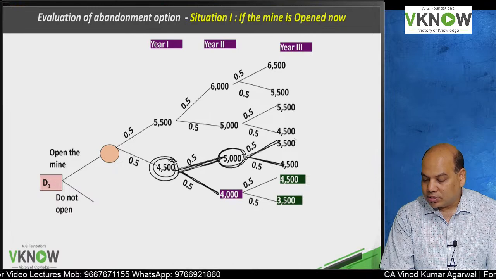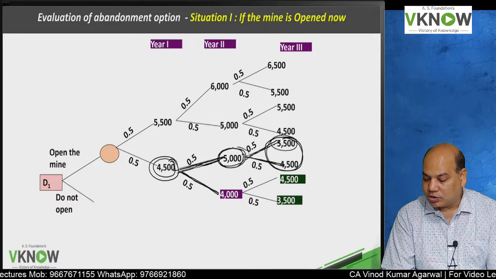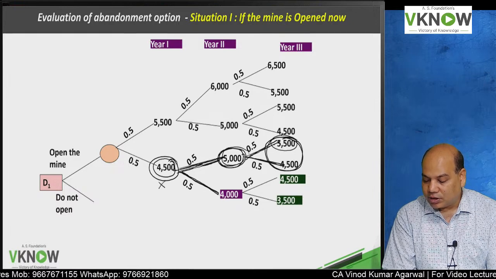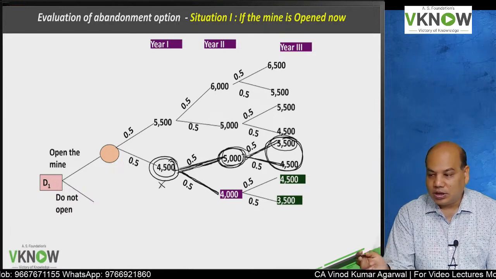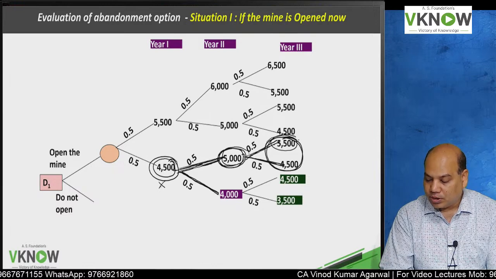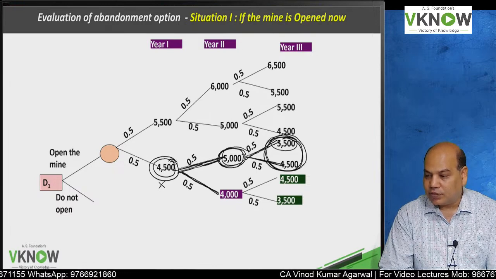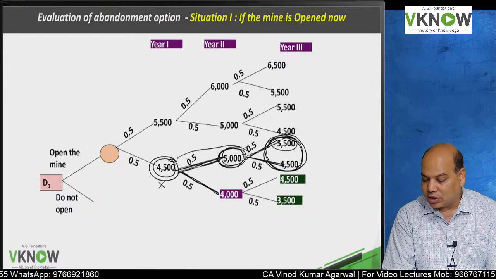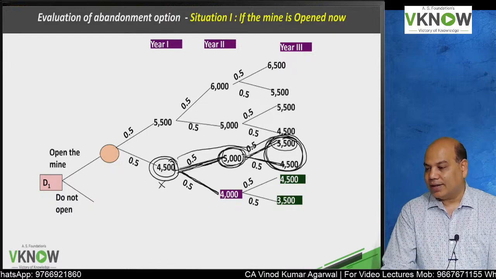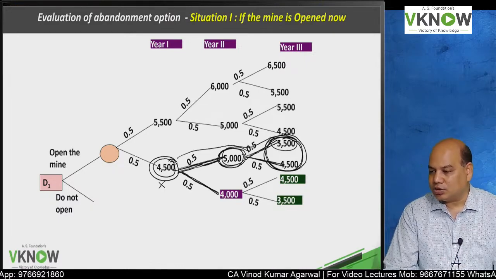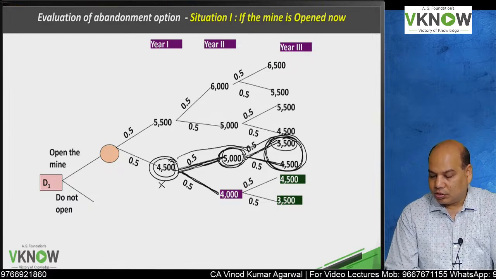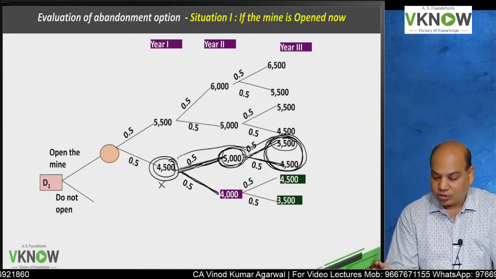So you can enjoy this gain because the expected price will be 5,000. If you terminate the mine at this point, it is irreversible, so you will not be able to enjoy the gain of the future year because the price can go to a higher amount also, 5,500, and you can get some positive gain out of it.